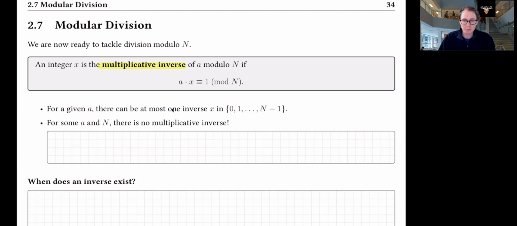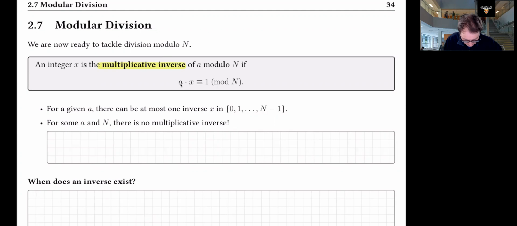For a given a, there can be at most one inverse x in the range from 0 to n minus 1. Additionally, for some a, there is no multiplicative inverse. So I don't know if you can think of an example where this equation has no solution. Think of an a and an n where you can't find a solution to it.